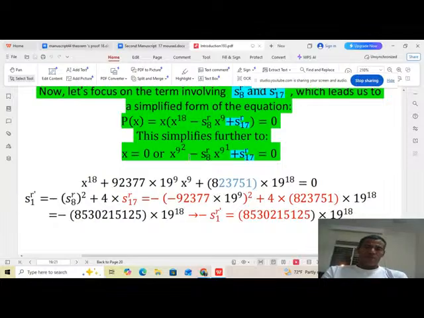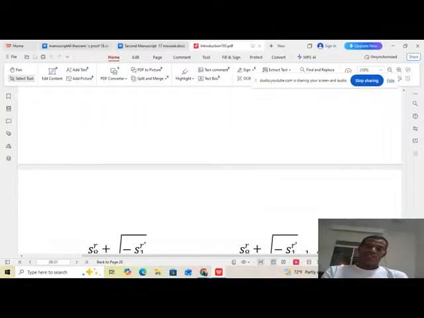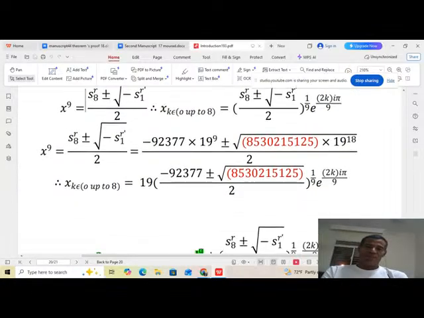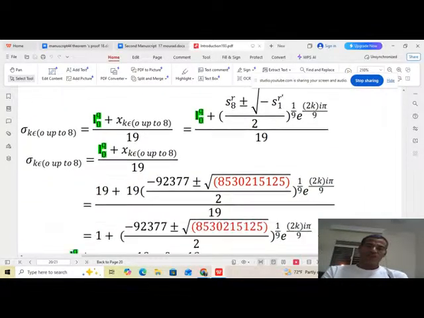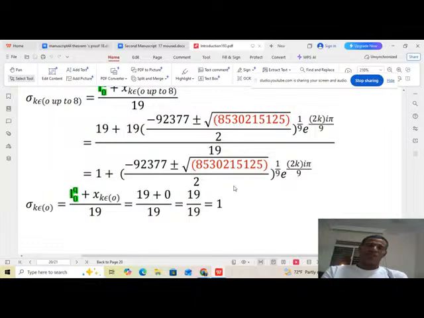So x equals 0 means the first root is 19 plus 0 divided by 19, which is 1. Now we obtain the 19 exact simple roots, without approximation, without guesswork, using Murat Sultan Ezouidi's theorem.